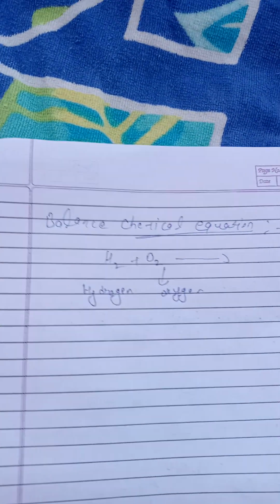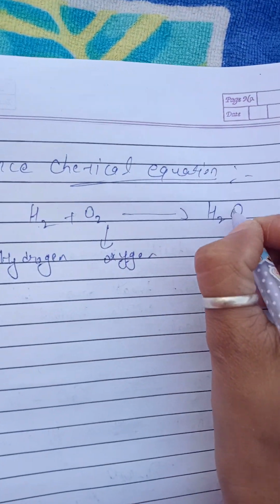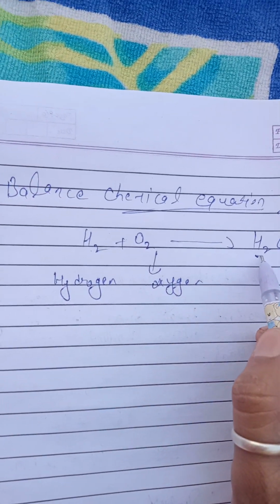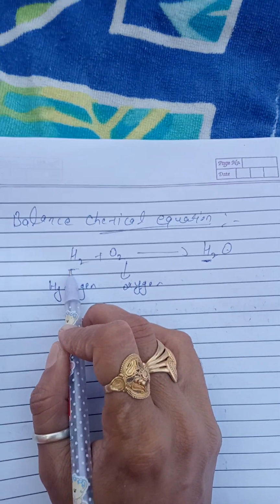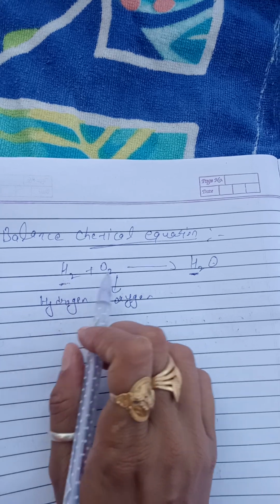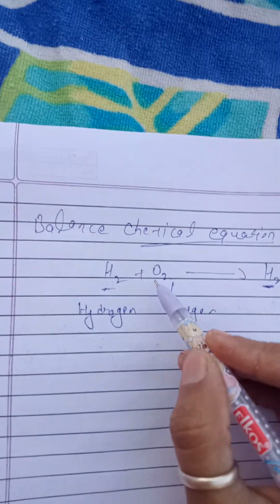When both reactants make the product, it is equal to H2O. Here the atoms of hydrogen are 2, and here the atoms of hydrogen are 2. So on the left hand side and the right hand side hydrogen is balanced.